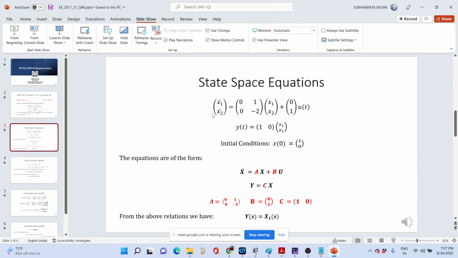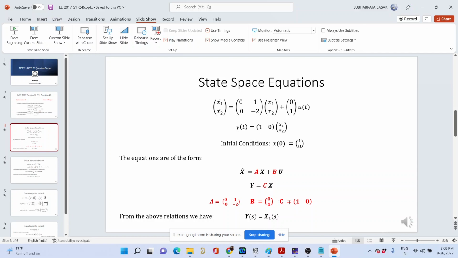The state space equation is written in the form x dot equal to Ax plus Bu, and the output equation is given as y equal to C x. So comparing these two equations, we can get the matrices A, B and C. A is the matrix 0, 1, 0, minus 2, of dimension 2 cross 2, and B is a column matrix of dimension 2 cross 1 having elements 0 and 1.